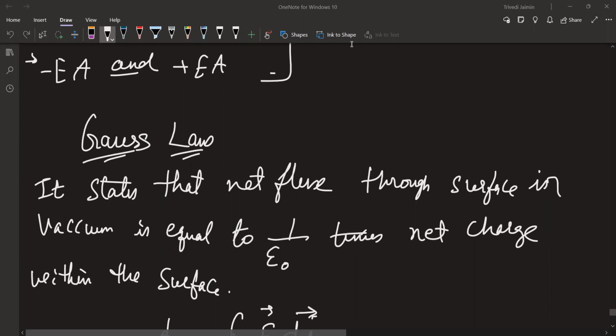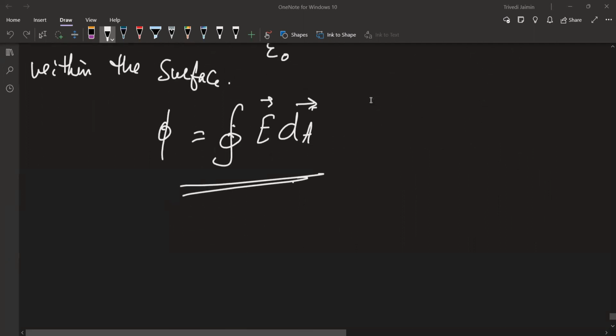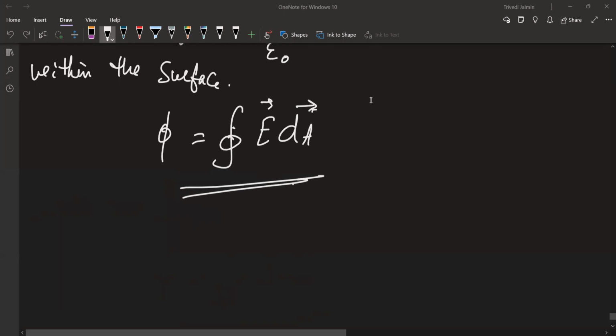Okay. Let's come back to Gauss law. It states that net flux through a surface in a vacuum is equal to 1 by epsilon naught times net charge within the surface. Very good.